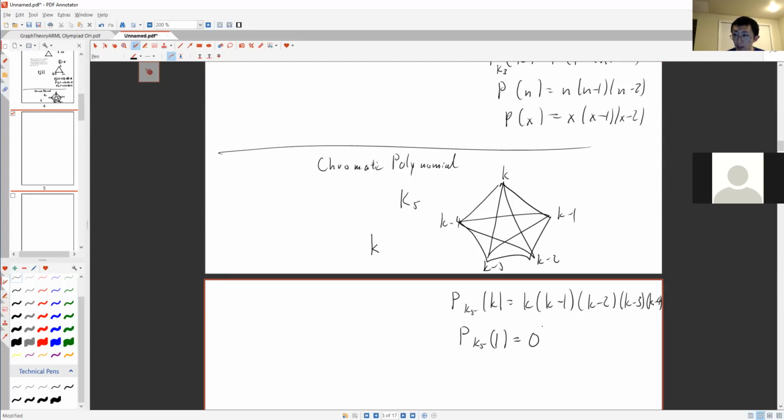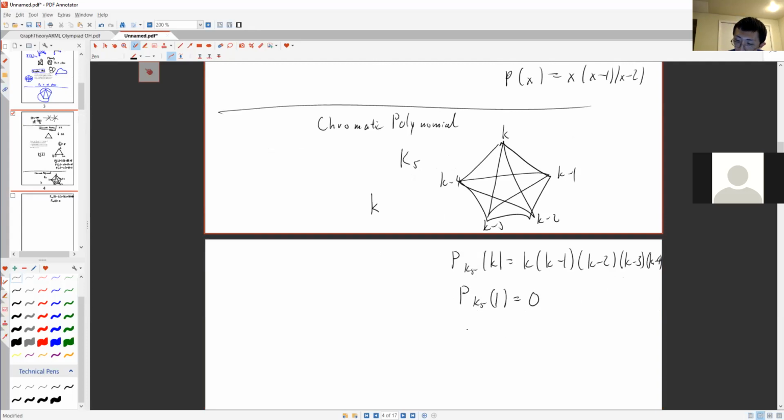This is saying, if there is one color, then there are 0 ways to color the whole graph, so the adjacent vertices are not the same color, right? So Alan says with 0, 1, 2, 3, 4, it's impossible, right? Yeah, that's exactly right.